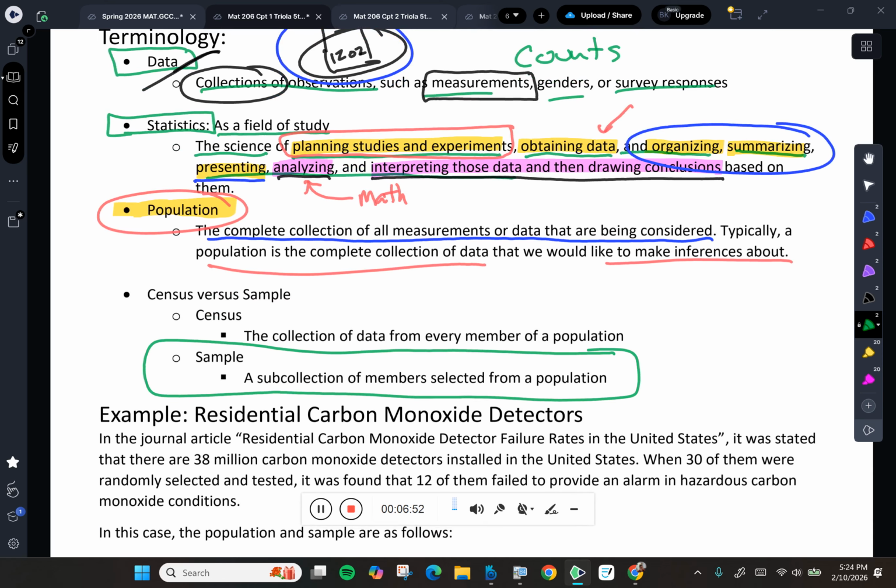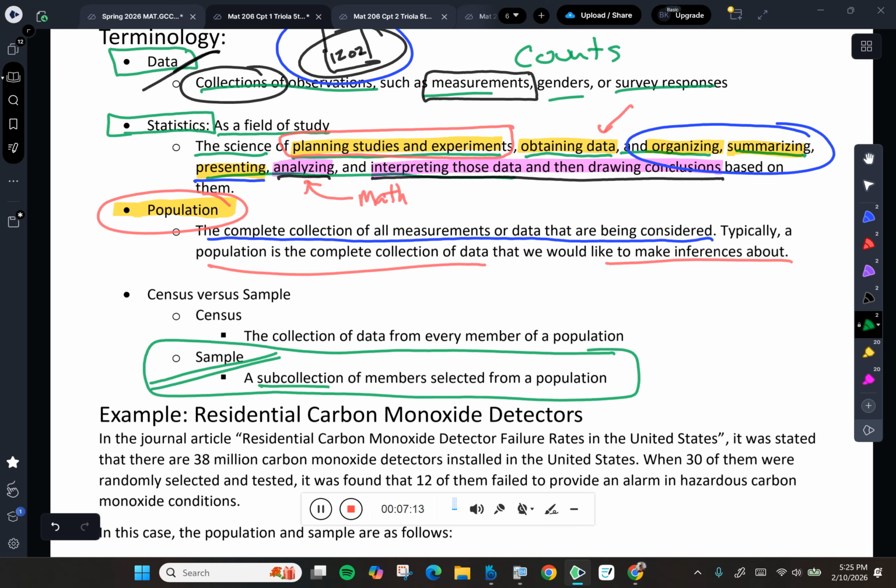And a sample is a subset or a sub-collection of elements or members from a population. So rather than getting all the cans, I might just get some of the cans. Right? And if all the cans we call the population, some of the cans we call a sample.